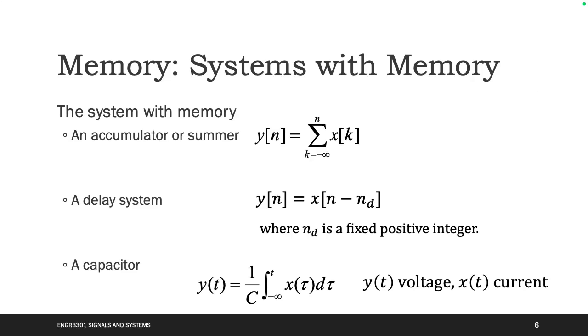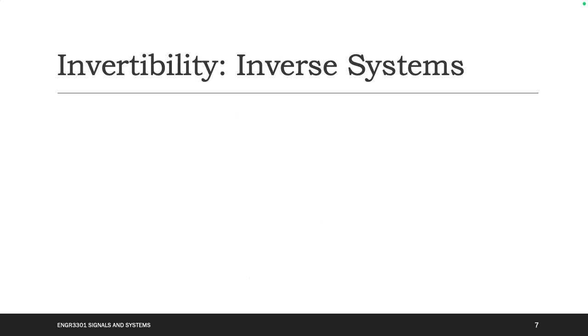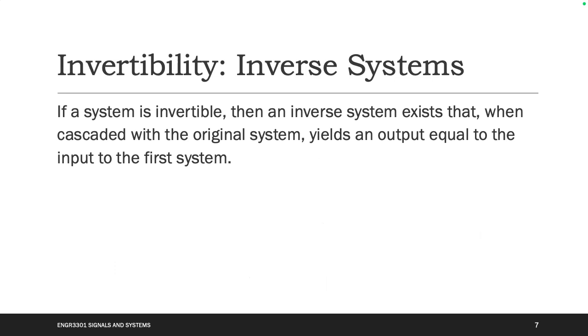Okay, let's talk about the other property, invertibility, which means this system can be inverted. If a system is invertible, then an inverse system exists that, cascaded with the original system, yields an output equal to the input to the first system.